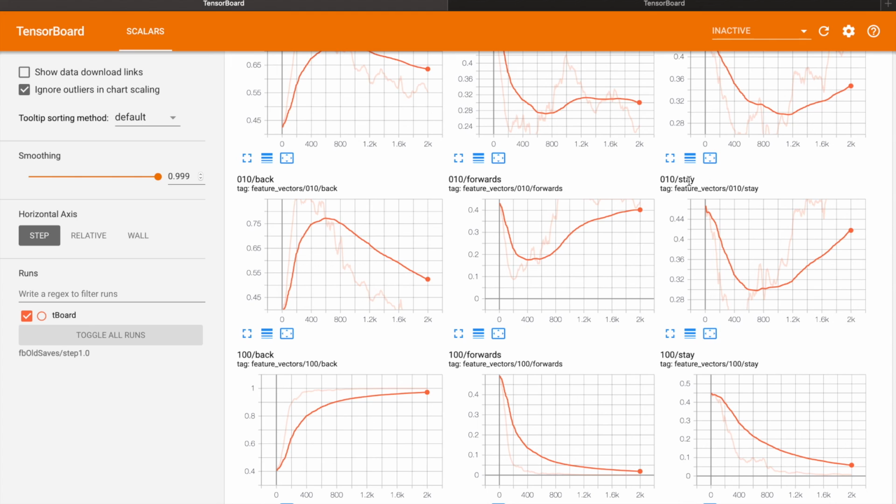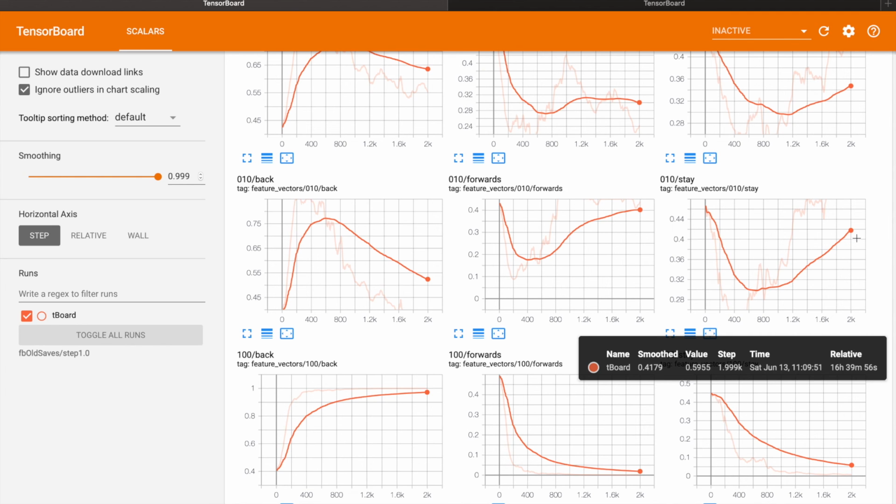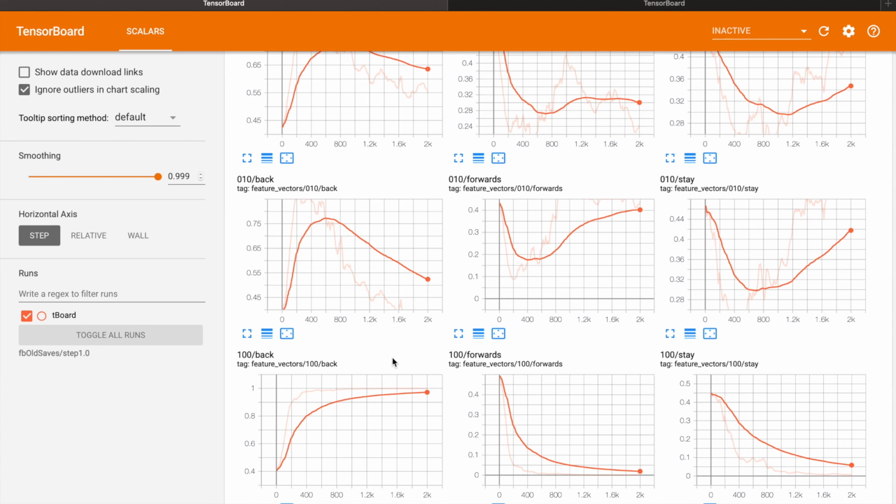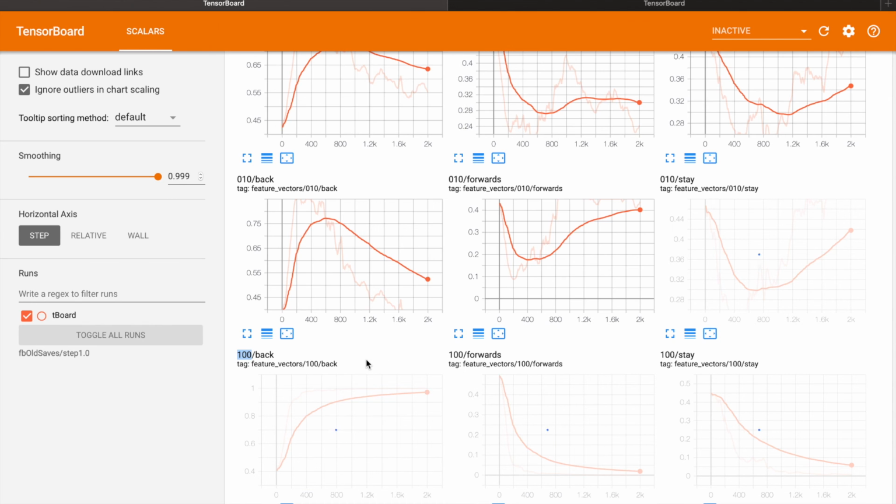So we can see over here for 0, 1, 0, which is when the emerald block is right below the agent, the score for staying in place is pretty high, and it is actually higher than that value, although it is a bit hard to tell. So stay is actually what was found to be preferred here, and that's correct. And here is when the emerald block is right behind the agent, and that you can see is preferred to go backwards, and that makes sense, that's correct.